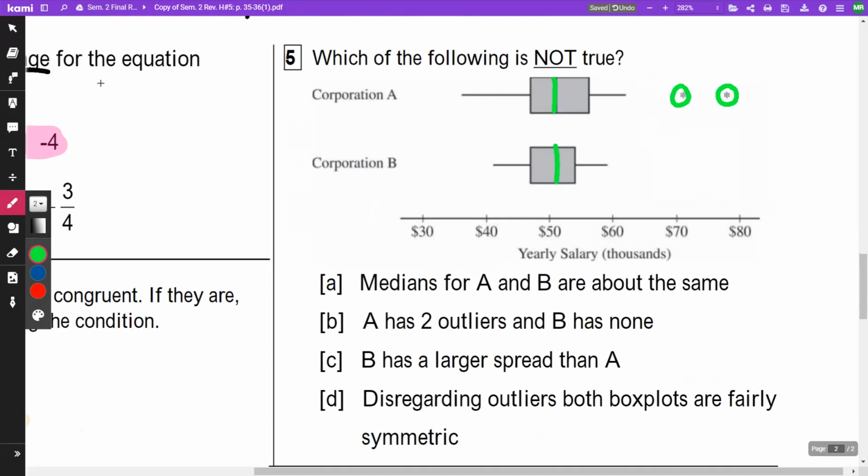B has a larger spread than A. So B is going from here to here. Let me just, let's compare it. Just going to draw a line.